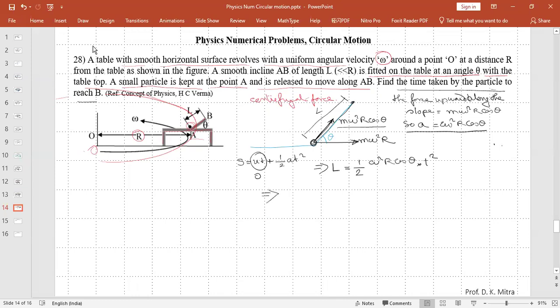From here, we can easily find t square is equal to 2L divided by omega square r cos theta.